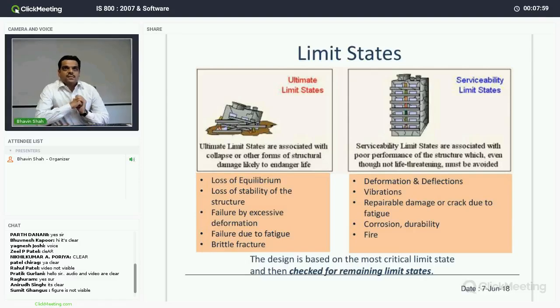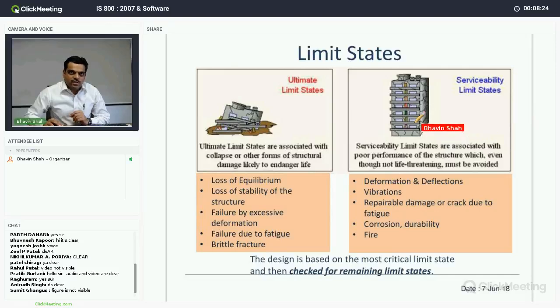Now, as we all know, the whole code is based on the concept of the limit state design method. In limit state design, there are 2 kinds of limit states which we need to take care of. One is the ultimate limit state, and another is the serviceability limit state. The ultimate limit state is nothing but a complete collapse of the structure.